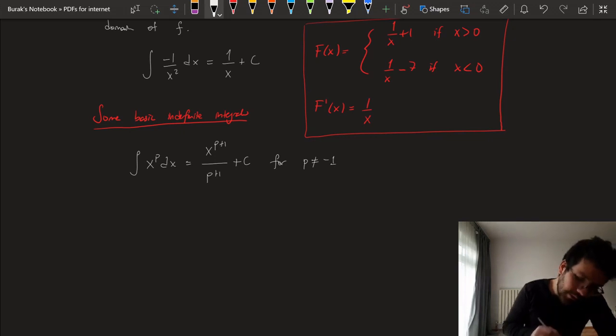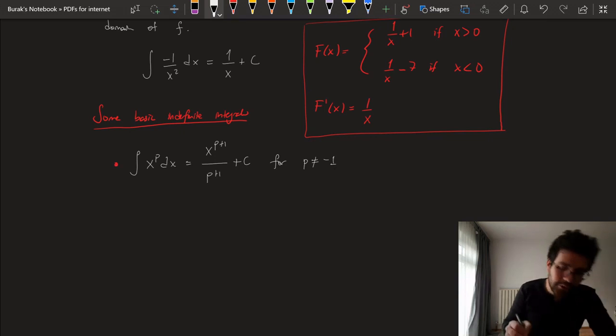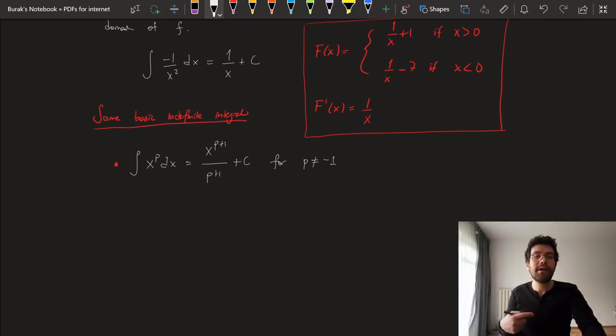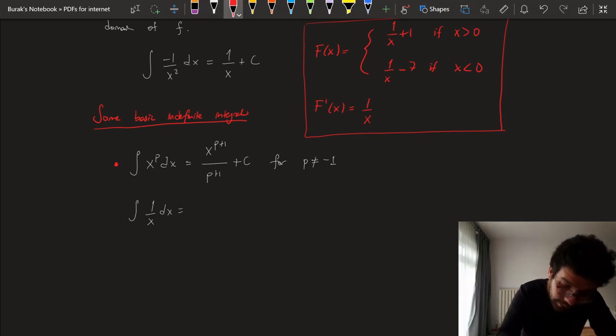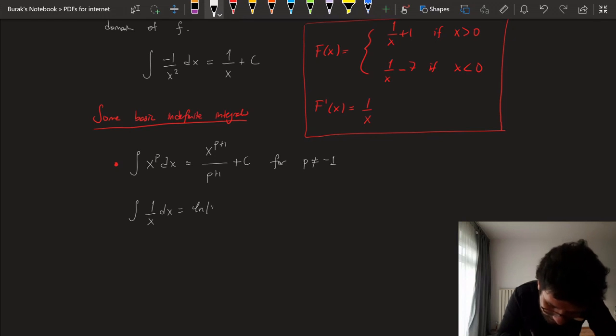So if p is not minus 1, the indefinite integral of x to the power p is x to the power p plus 1 divided by p plus 1. If p is minus 1, then you have 1 over x here, and the indefinite integral of 1 over x is ln absolute value of x plus c.